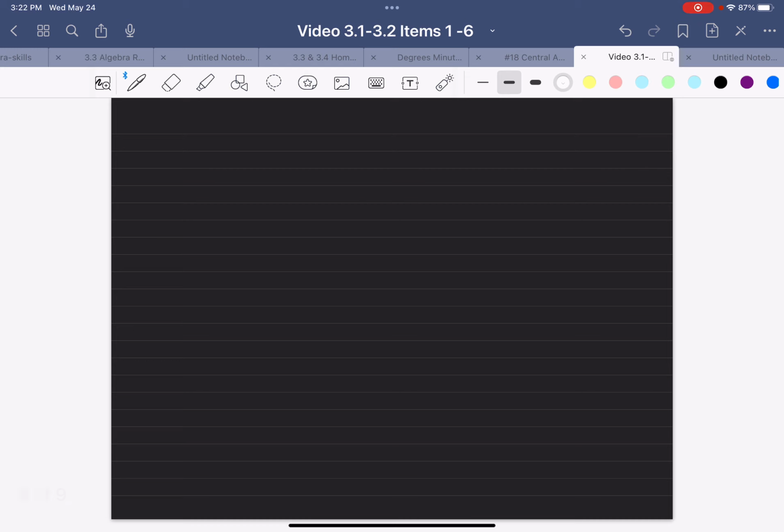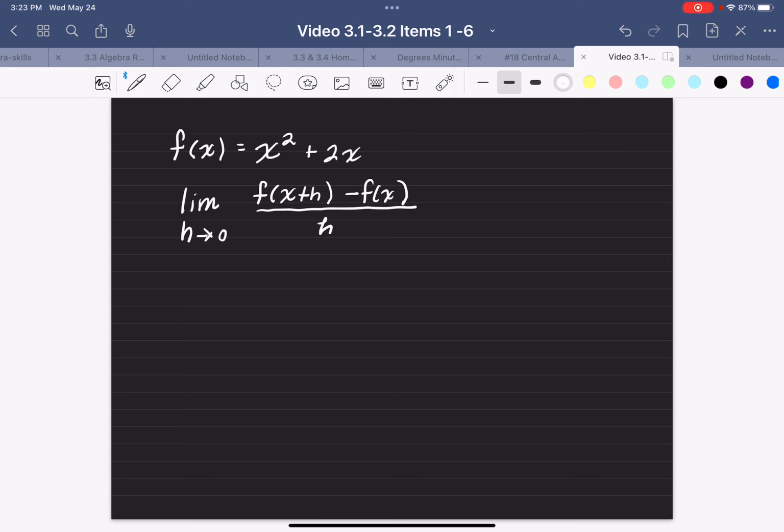So let's try one. If our function, f of x, is x squared plus 2x, and I want to find the limit as h approaches 0 of f of x plus h minus f of x divided by h.